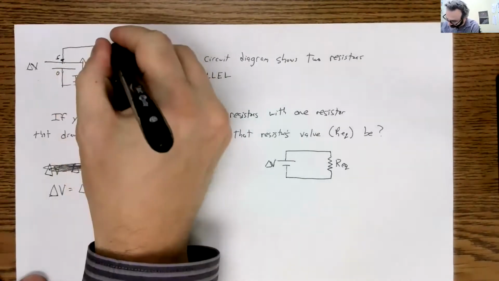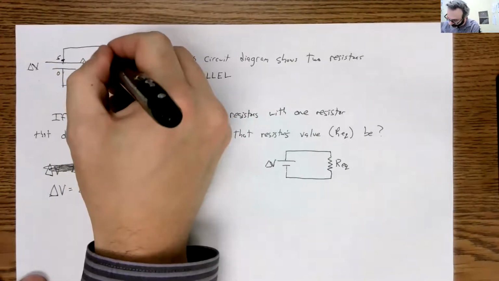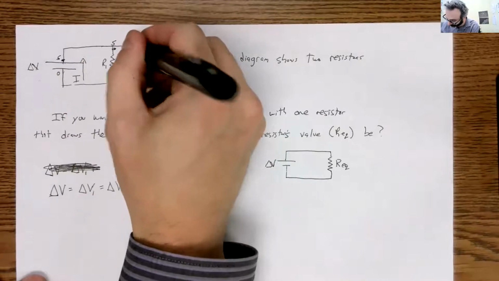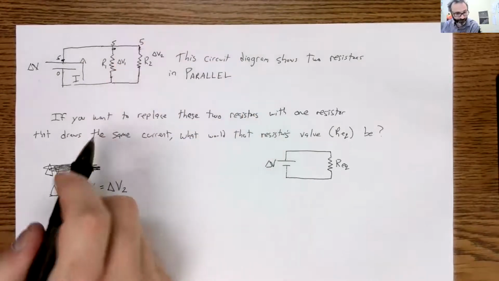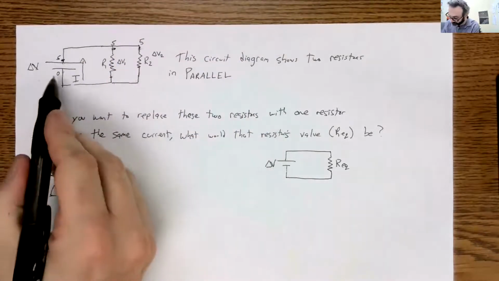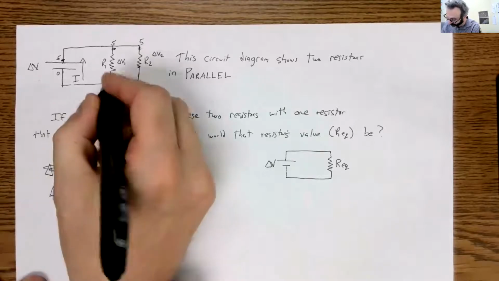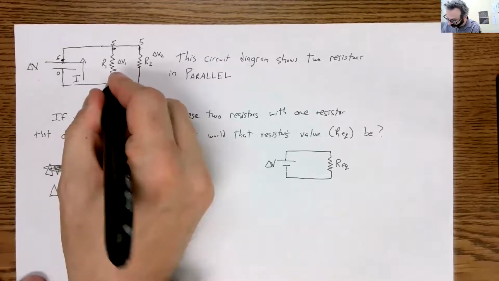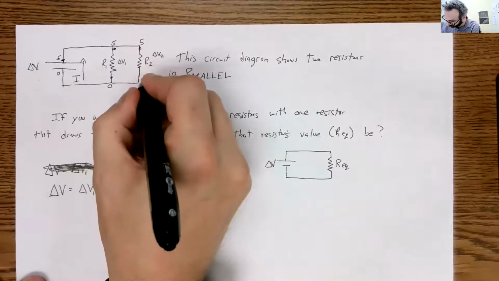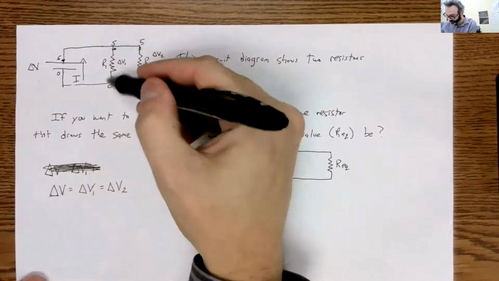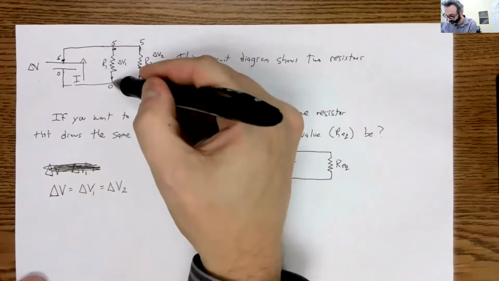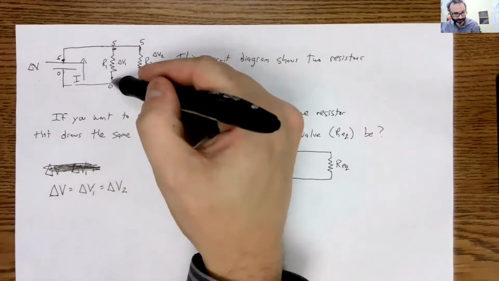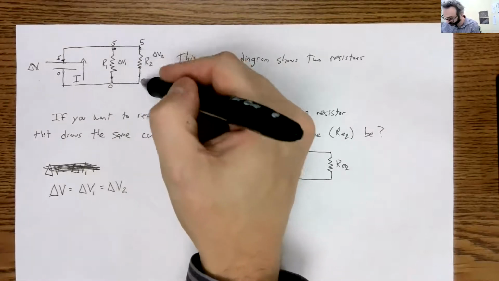So that means that this is also at 5 volts here at the beginning of R1. And this is also at 5 volts here at the beginning of R2. Right. And since this is at 0, that means this is also at 0 over here. This is also at 0 over here. So going from here to here, that's 5 volts drop, right? -5, really. And going from here to here is also -5.